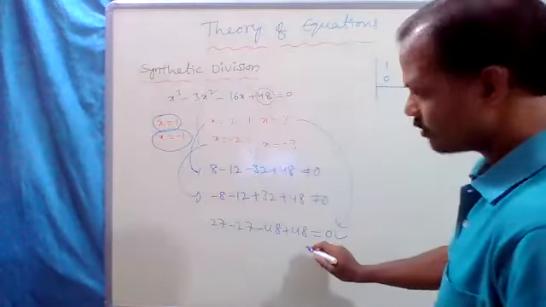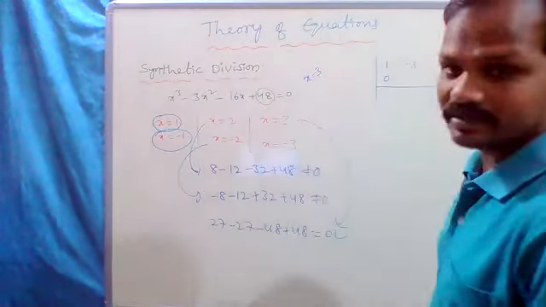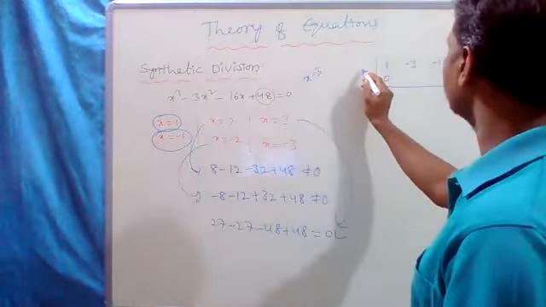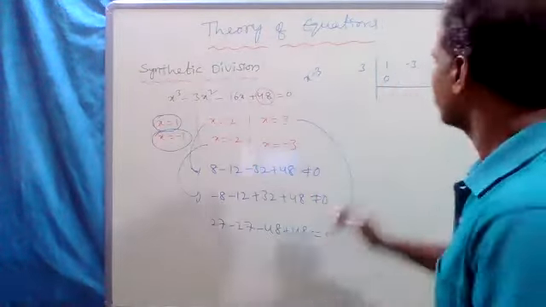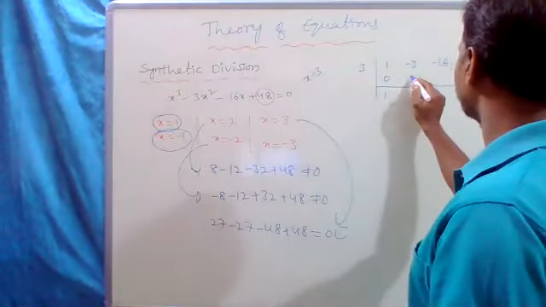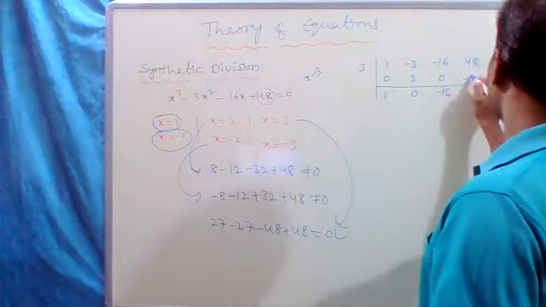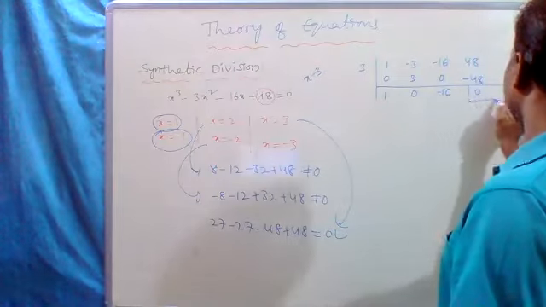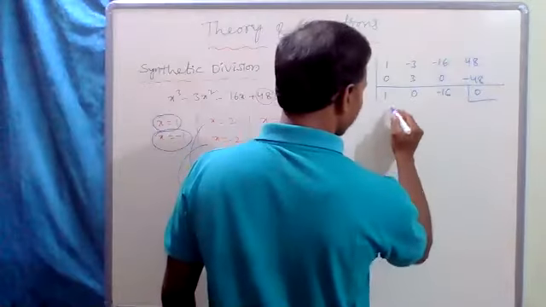Now what is our factor? x minus 3 is a factor, so you write 3 here, since x minus 3 equal to 0 gives x equal to 3. Now this is 1. 1 into 3 is 3. 0. 0. Minus 48. 0.